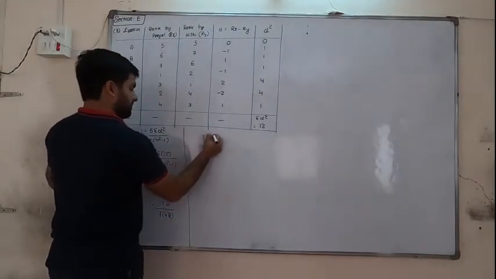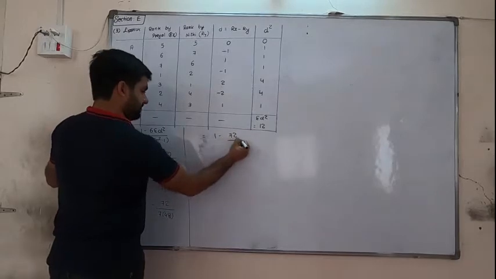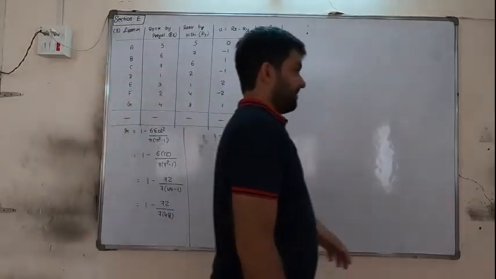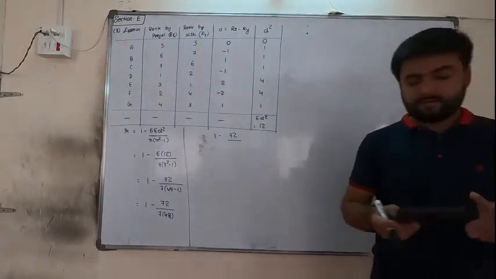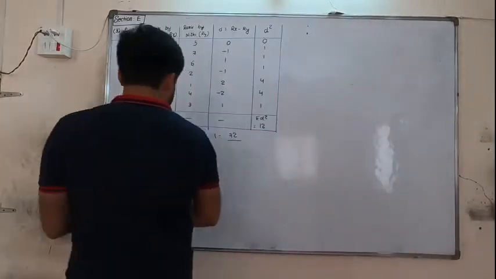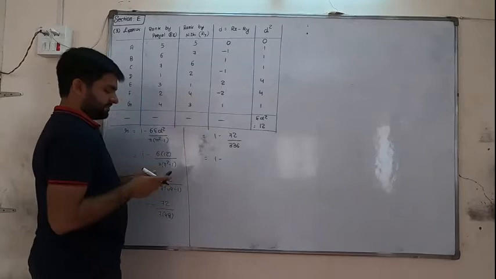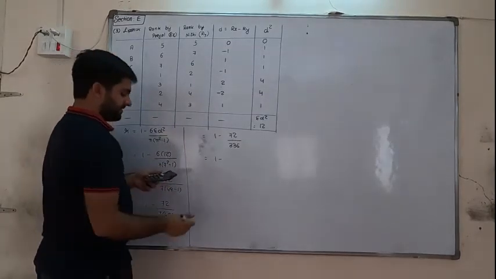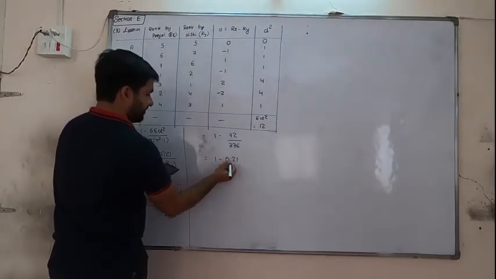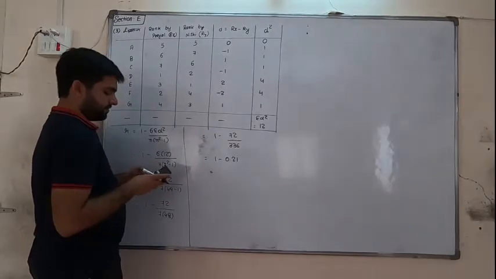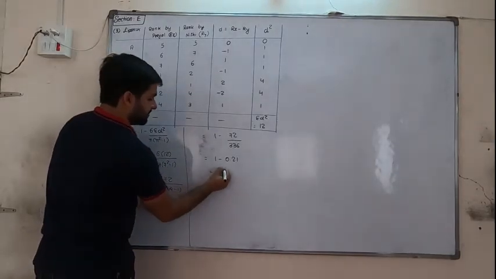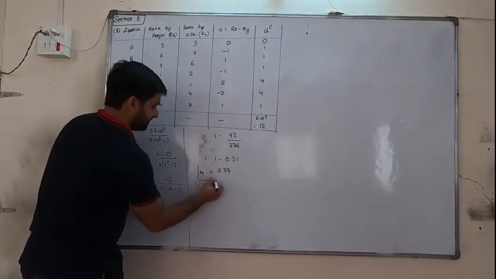So 1 minus 72 divided by 48 into 7, which is 336. 1 minus 72 divided by 336, that is 0.214, so 0.21. So the answer is 0.79.